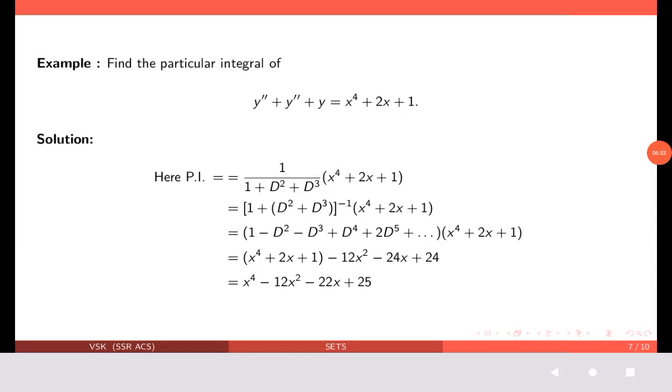Here it is in ascending powers of D, it is already in this form.